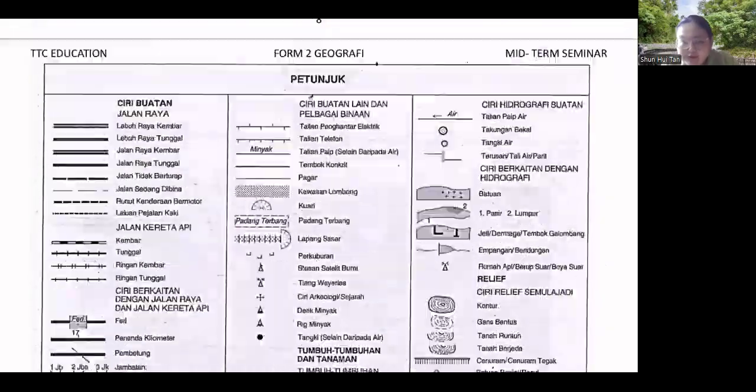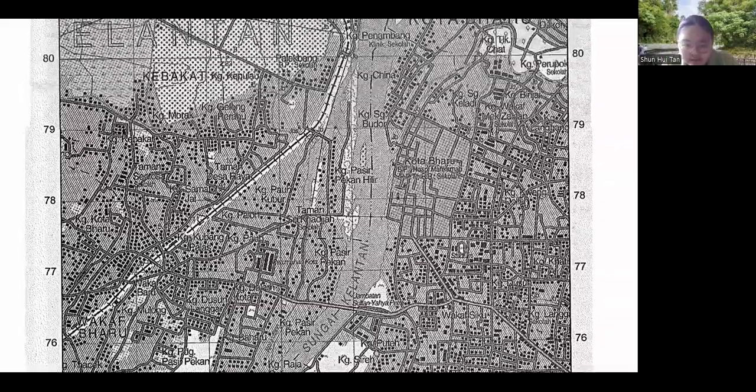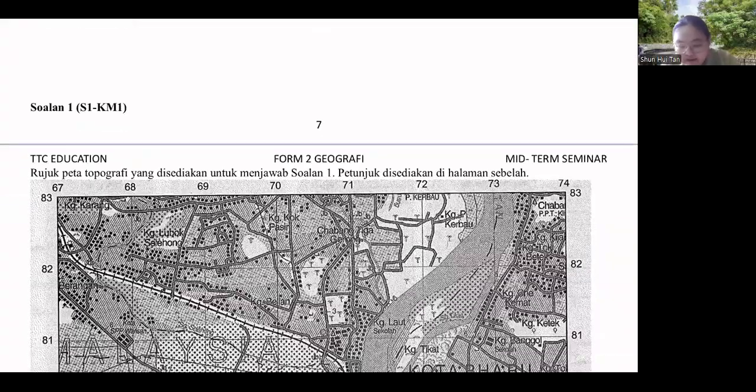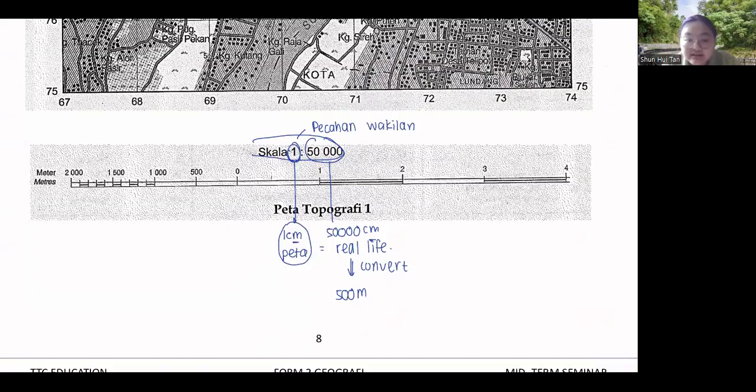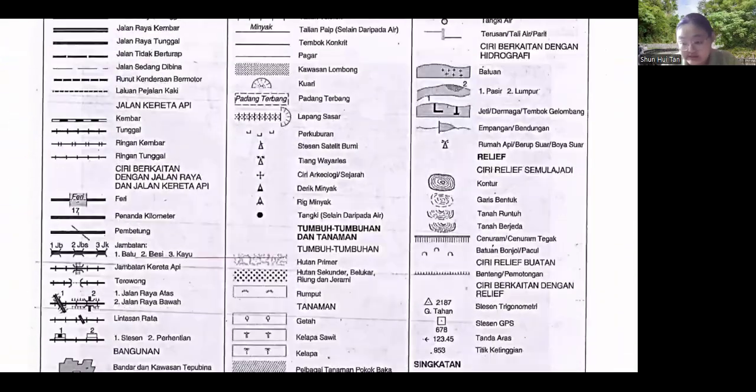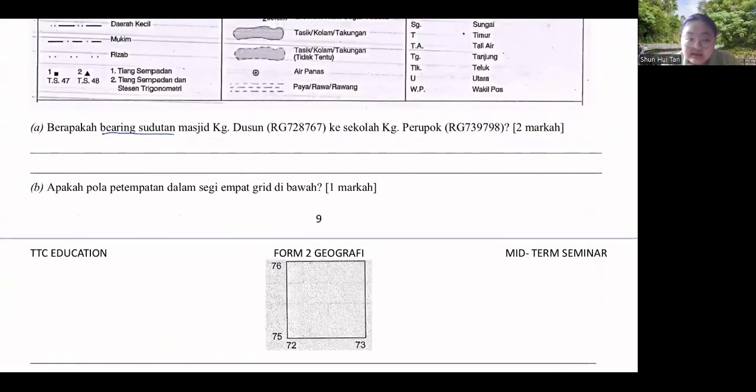No. Bearing sututan is Form 1 related. Bearing is bearing, jarak is jarak. It's just that in this situation, I'm telling you that they can switch the question. If they ask you jarak, they might also ask you in this way. Understand? This question is jarak, but this question is bearing.